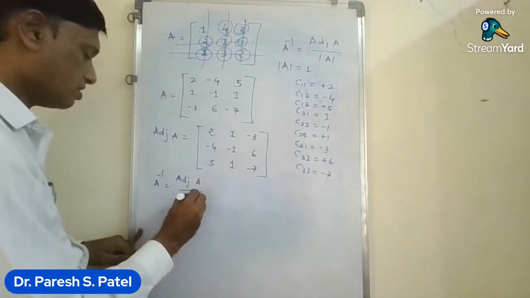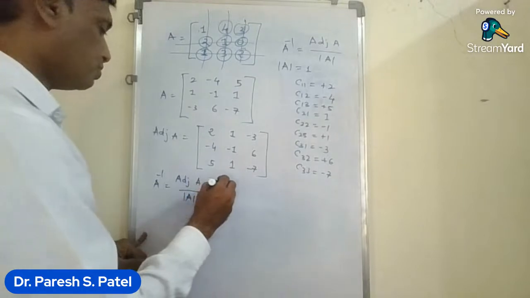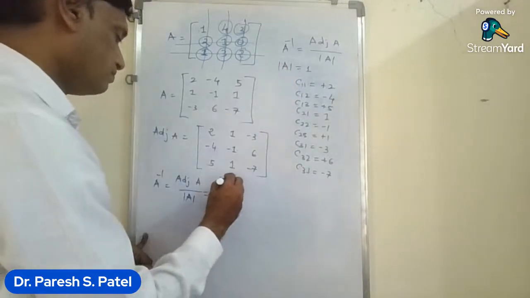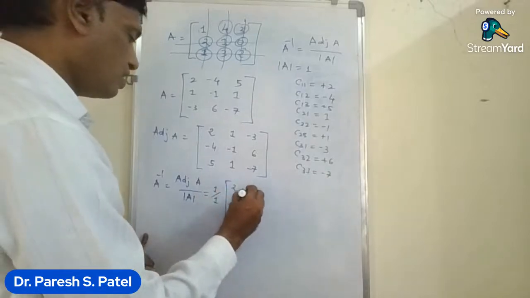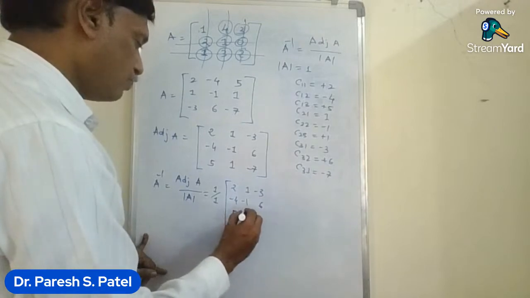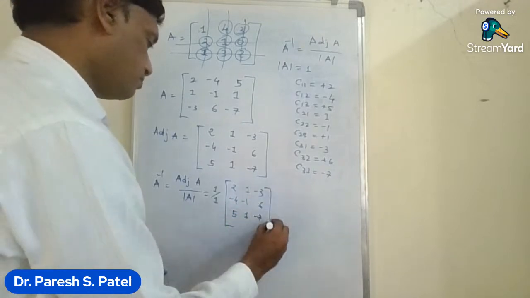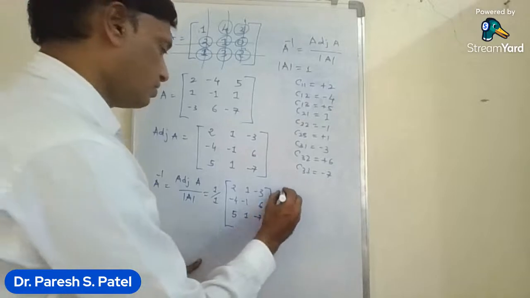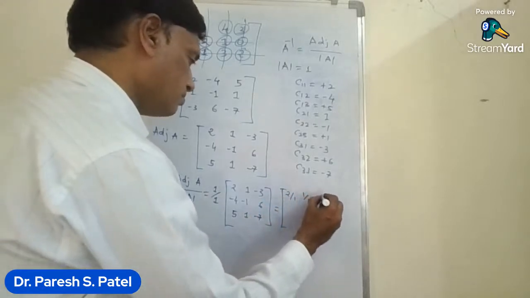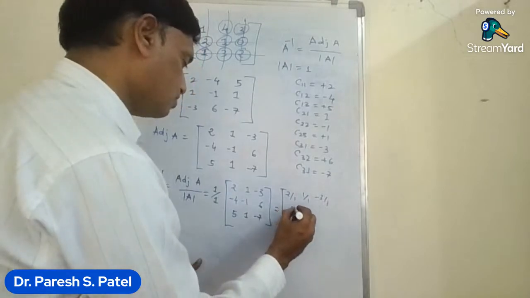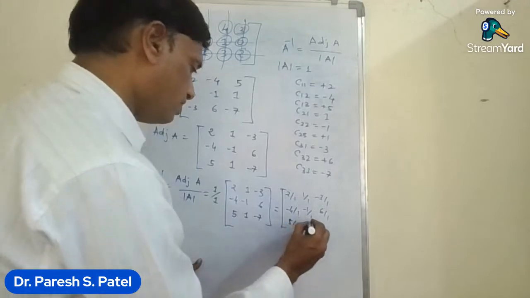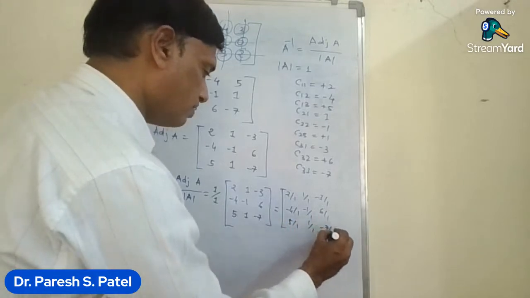divided by determinant of this matrix, which is equal to 1 by 1. Determinant of this matrix is equal to 1. So 2 1 minus 3, minus 4 minus 1 6, 5 1 minus 7 is equal to 2 by 1, 1 by 1, minus 3 by 1, minus 4 by 1, minus 1 by 1, 6 by 1, 5 by 1, 1 by 1, minus 7 by 1.